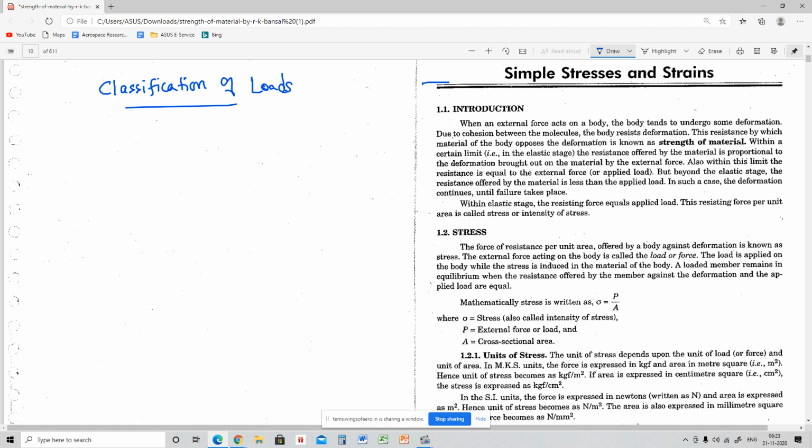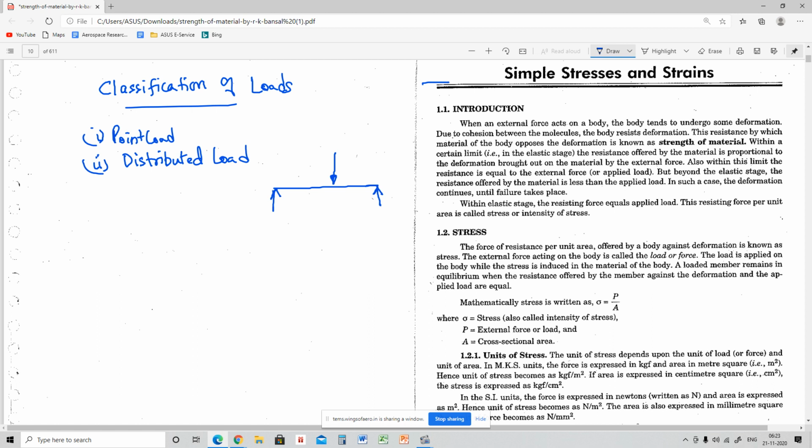The first one is a point load and the second is a distributed load. You can understand a point load if we have a simply supported beam, and a load acting at some point is called a point load.